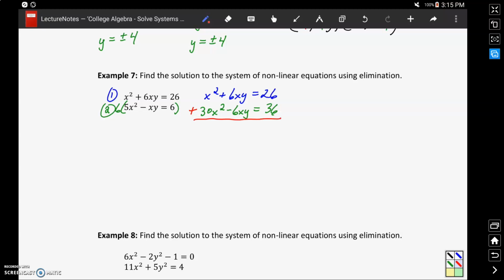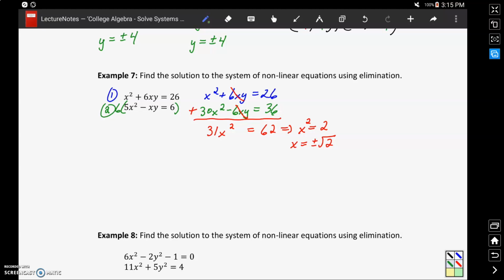So the elimination method works because in this case we're able to completely cancel out that xy term, leaving us with 31x squared is equal to 62, or x squared is equal to 2, meaning x is equal to plus or minus the square root of 2.